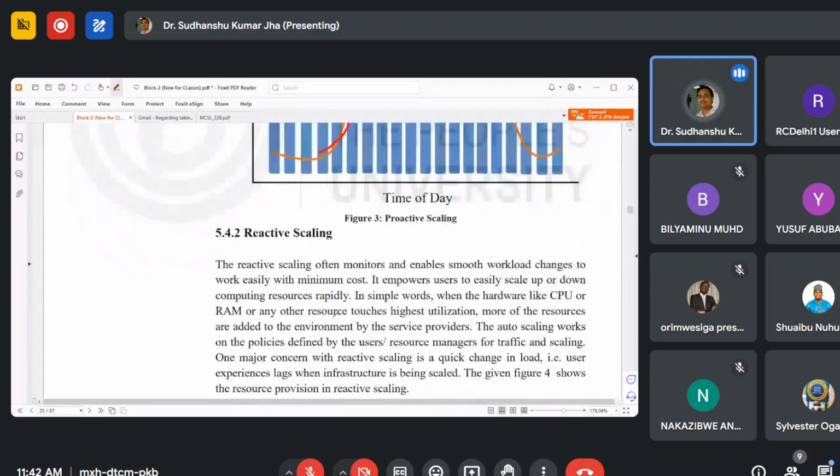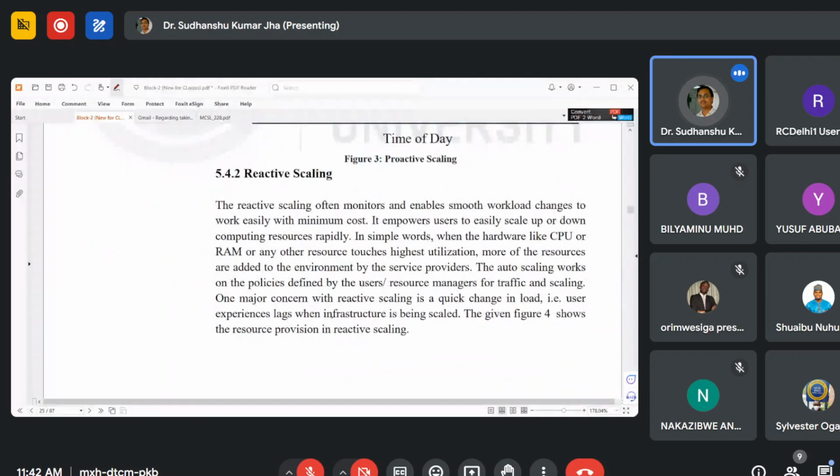So definitely that is not acceptable in case of a very high fluctuating rate of workloads. Proactive scaling is not feasible when the workload has a very high spike, very high fluctuation.